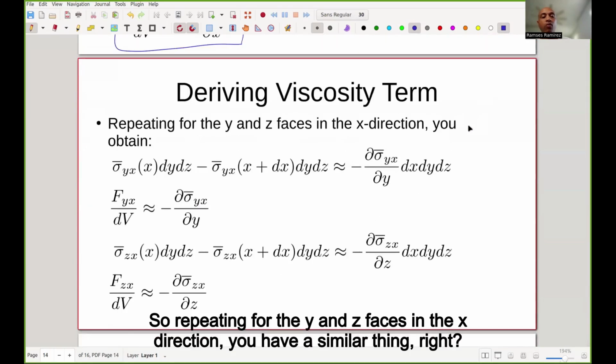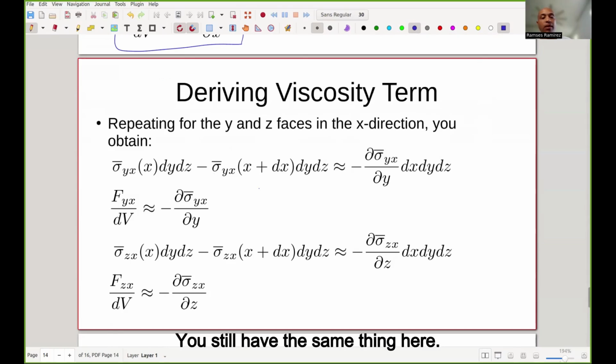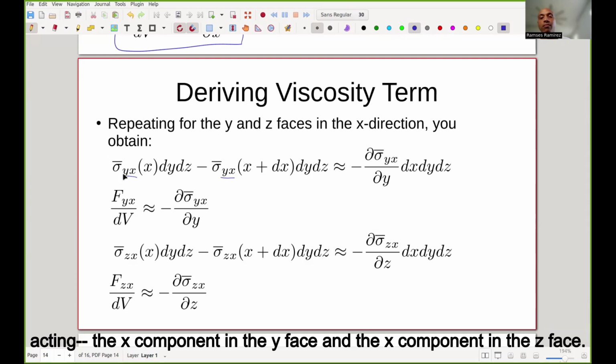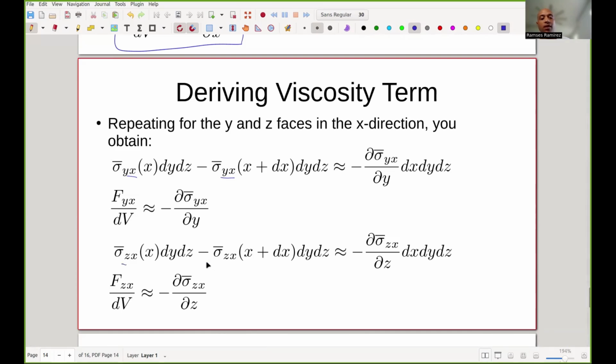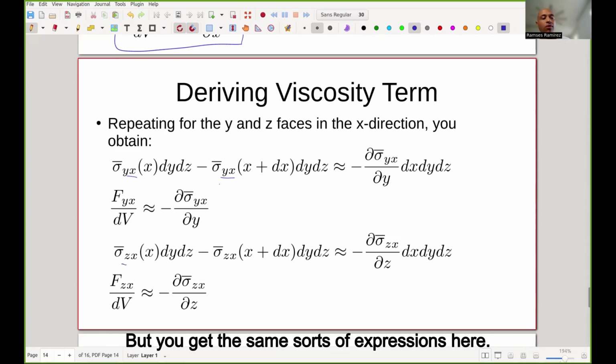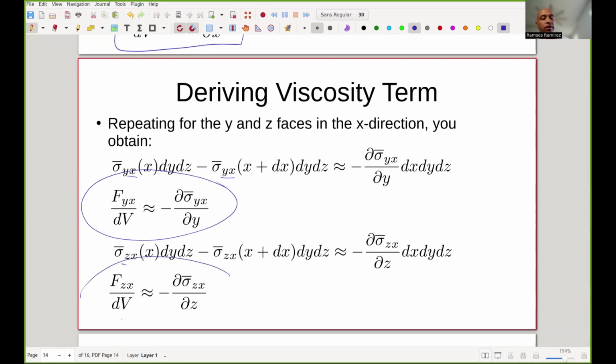So repeating for the y and z faces in the x direction, you have a similar thing, right? You still have the same thing here, x plus dx, except that your subscripts are now acting on the x component in the y face and the x component in the z face, but you get the same sorts of expressions here, right?